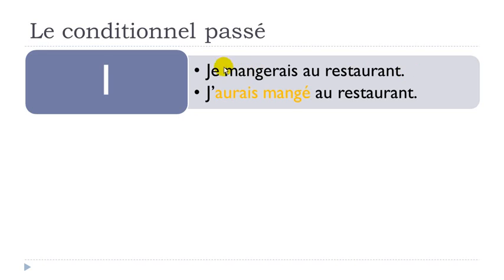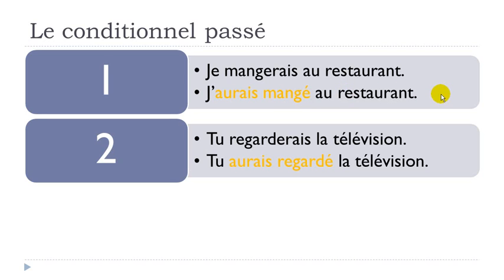You've got the verb manger, je mangerais au restaurant. And if you look at the conditionnel passé, it will go like j'aurais mangé au restaurant. Second example, tu regarderais la télévision, tu aurais regardé la télévision.